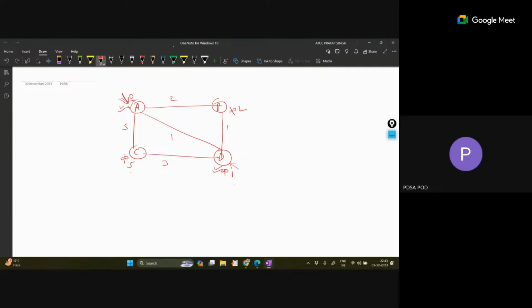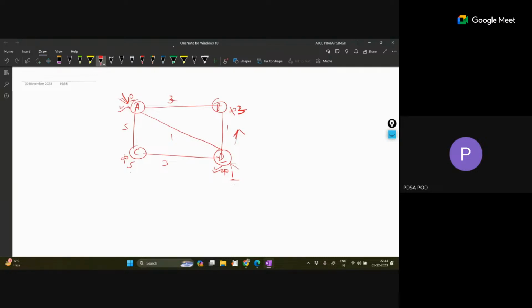D to B is 1 plus 1, and the previous value is also 2, so we get the same. Suppose we have 3 here. The current distance of D is 1, so we add this 1 to the edge weight, because our final goal is to calculate the shortest path from the source.